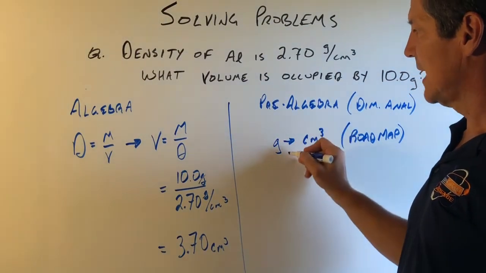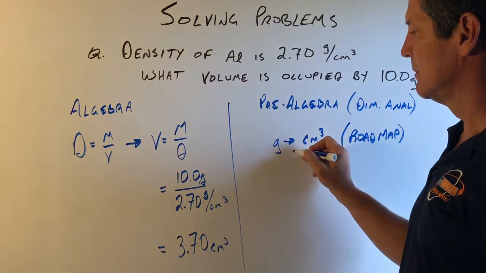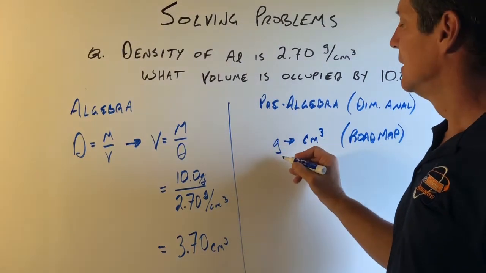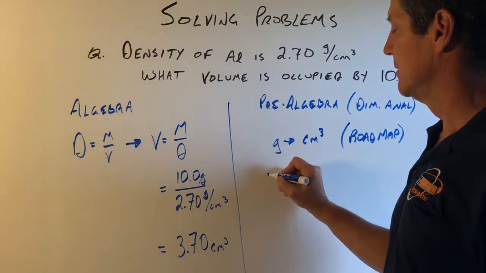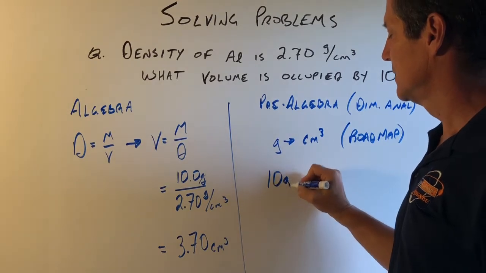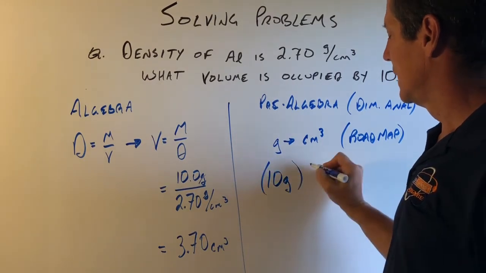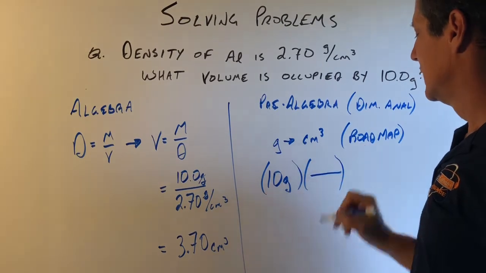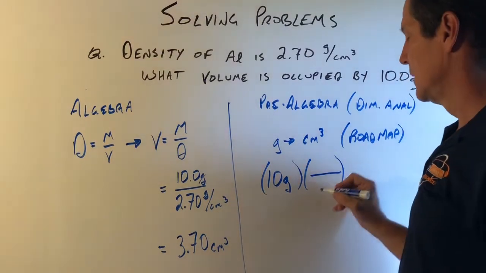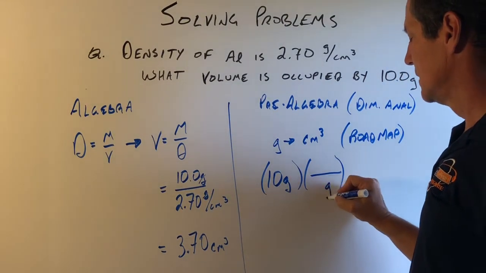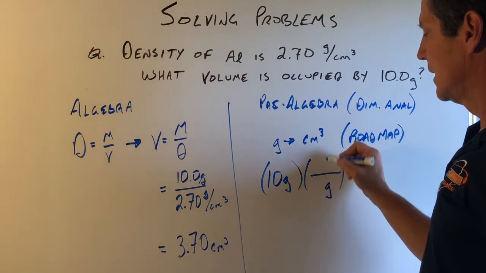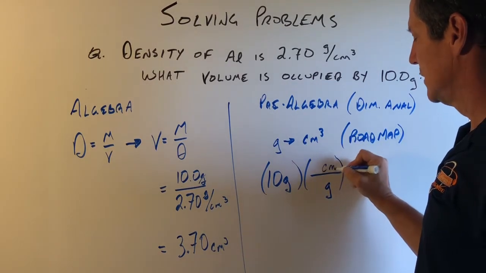All right, once I've established from the word problem what my process will be, then I actually execute it. So I'm going to start with my 10 grams, and then I'm going to do a conversion that lets me get towards where I want to go. So I'm going to have grams in the denominator so that it cancels, and if I can do it in one step, great, centimeters cubed in the top.